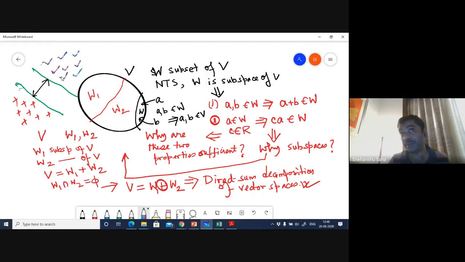There is no such requirement. But assume that there is one guy which falls here, misclassified. What am I going to do about it? The best way is to project this guy onto the other side of the width where it should belong. But how am I going to project this?